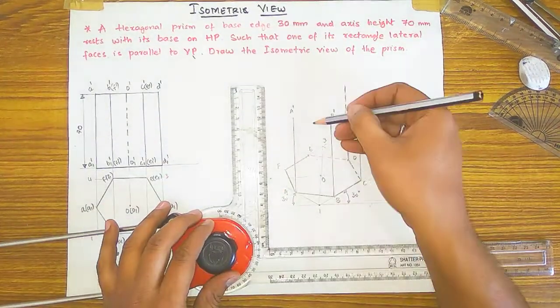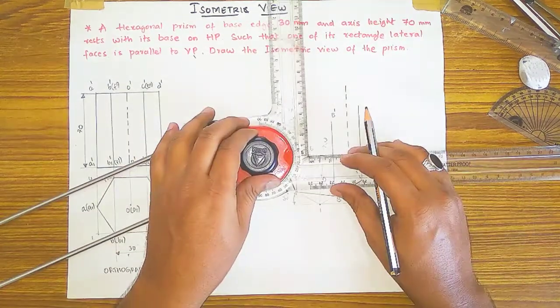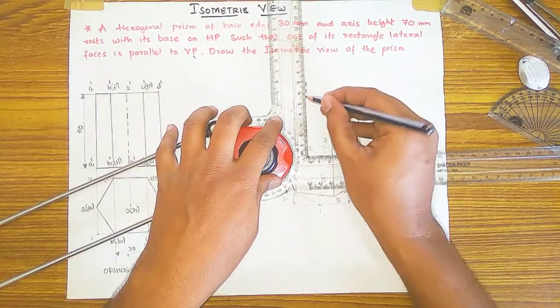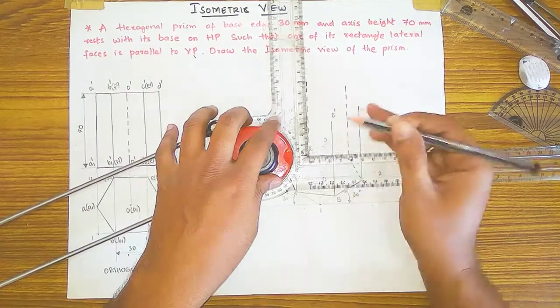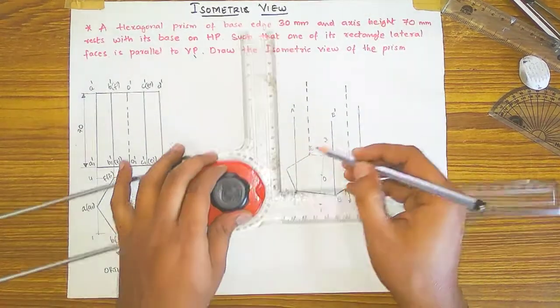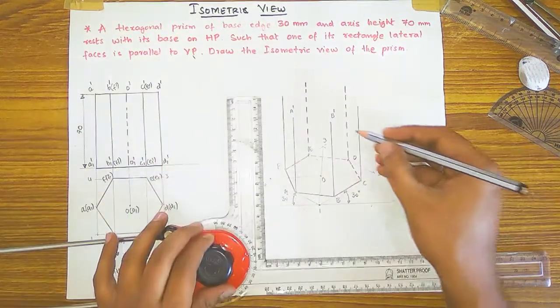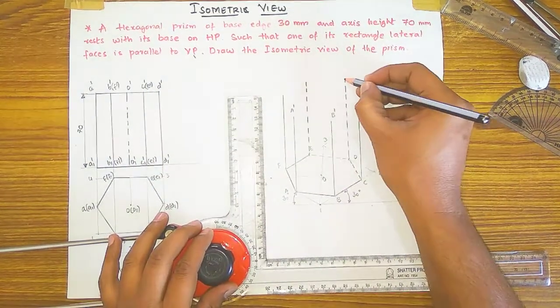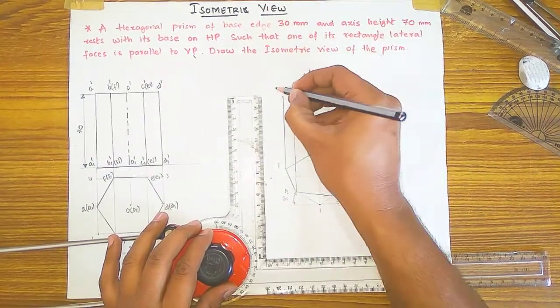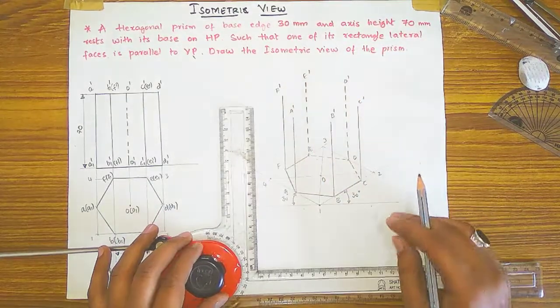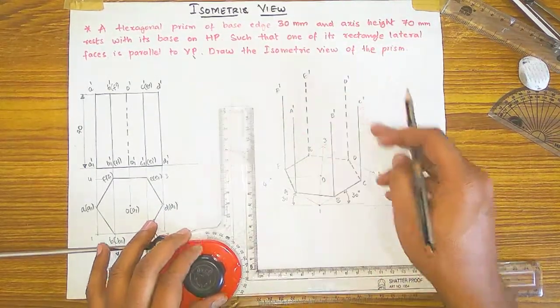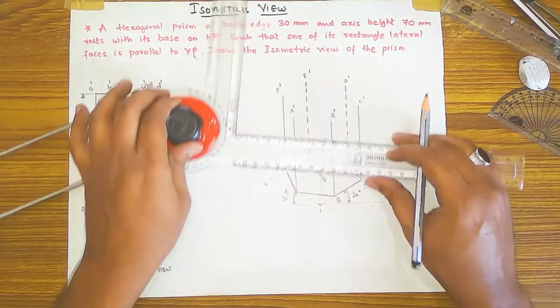And E is also backside, it is not visible, so the 70 mm line will be a dot line like this. And F is visible, if you see from the front, it should be dark. Okay, and A, B, C dash, D dash, E dash, F dash, all points you have removed. Now you have to join this hexagon, means this hexagon is visible.